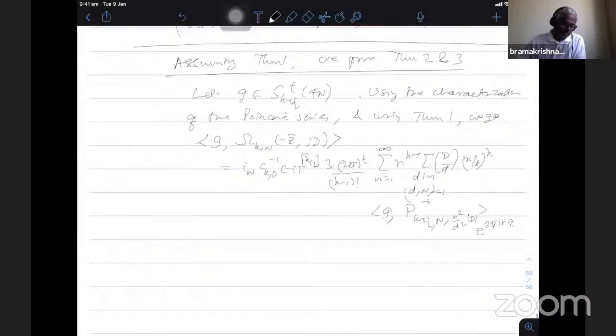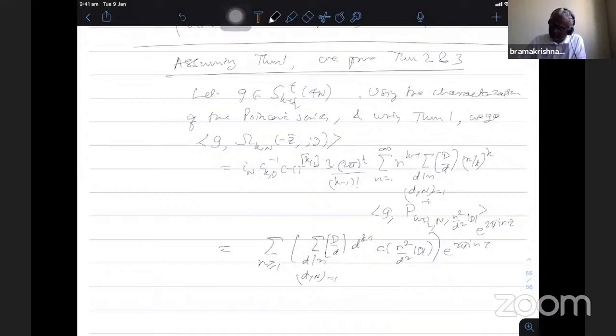So once you do that, after all the simplifications, it amounts to the summation over n greater than or equal to 1, summation over d dividing n, d comma n1, d by d, and then d power k minus 1, c of n square by d square mod d, d power 2 pi n.